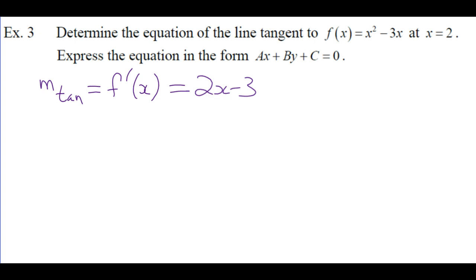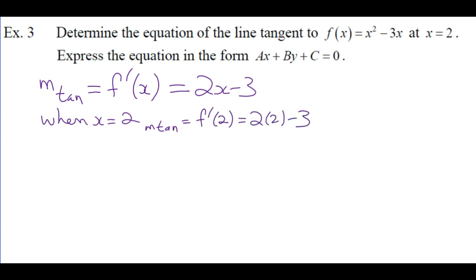Okay, and we want it at x equals 2, right? So the slope of the tangent line at x equals 2 for that function is 1. We plug in a 2: f prime of 2. What is the slope at 2?